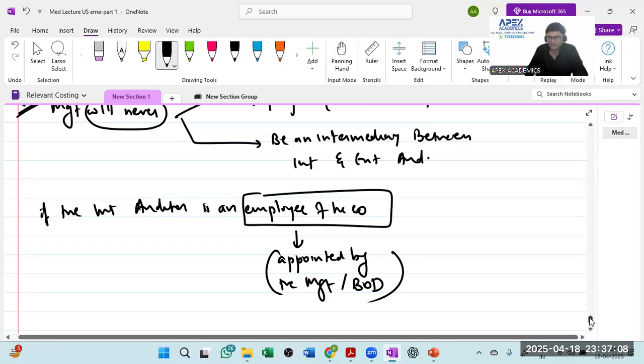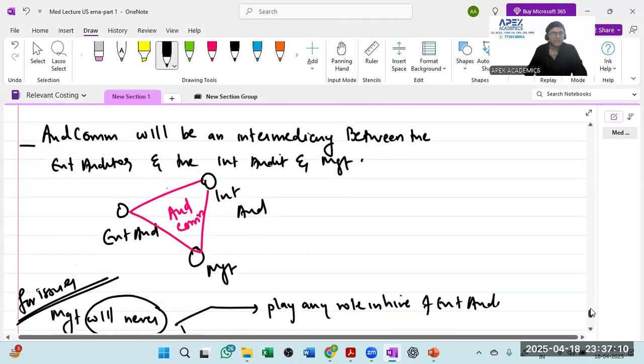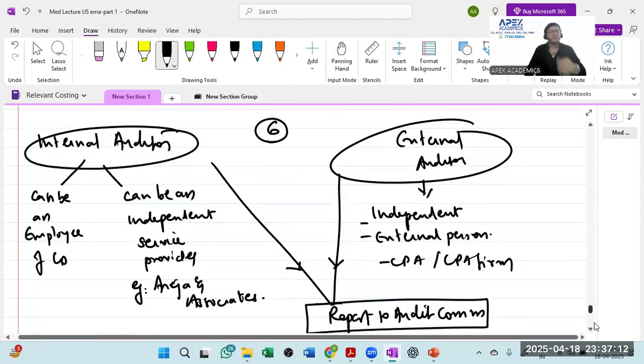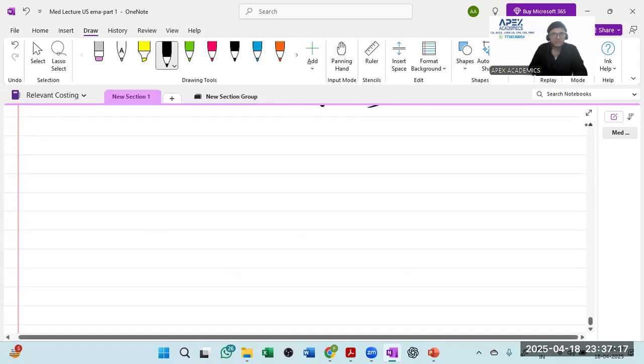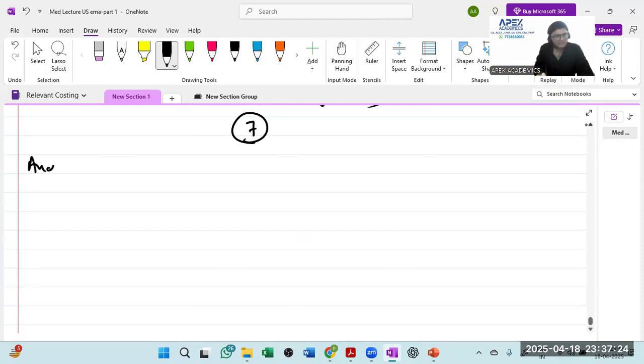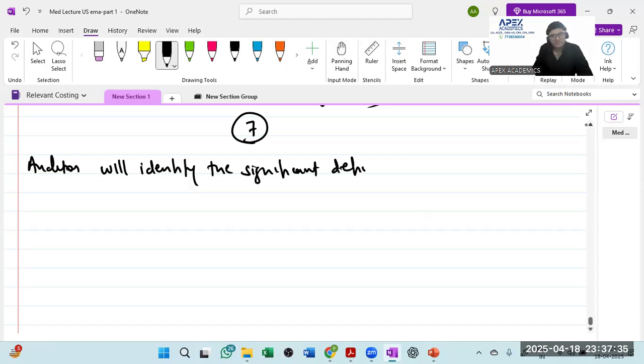Now, look at the channel of identification of deficiencies. This was your sixth concept. Now, look at the seventh concept. What will happen is the auditor will identify the significant deficiencies in internal controls.